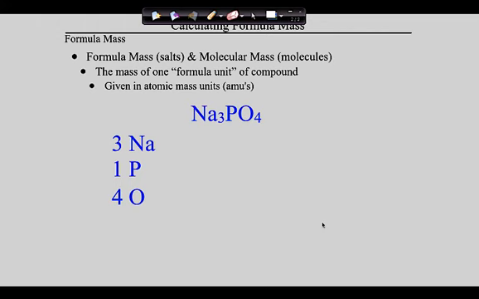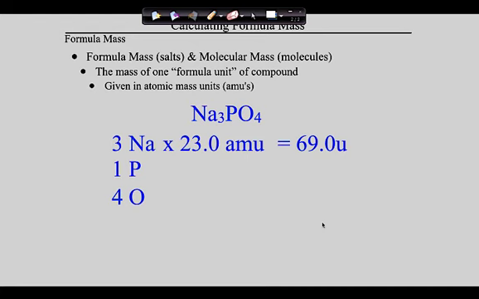So what is the mass of sodium, element number 11, to 1 decimal place? 23.0. Now, guys, what are we going to do with the 23.0 and the 3? Multiply them together. Each sodium weighs 23. There's 3 of them. That means 3 sodiums weighs 69.